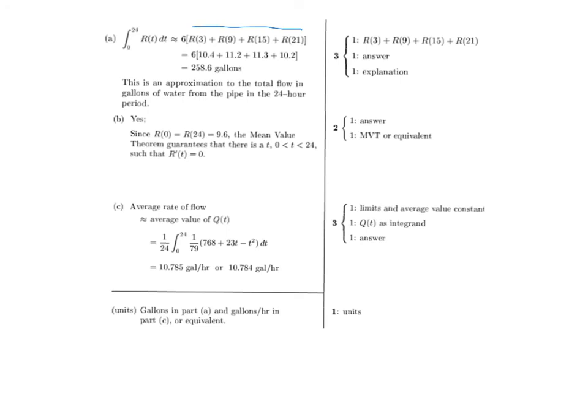They say MVT or equivalent for B. Like I said, if you want to talk about the fact that it's differentiable and R is increasing and then decreasing, that's completely acceptable as well. And it gave us 1 point for all the units. That's really common; you'll see one point for all the different units.